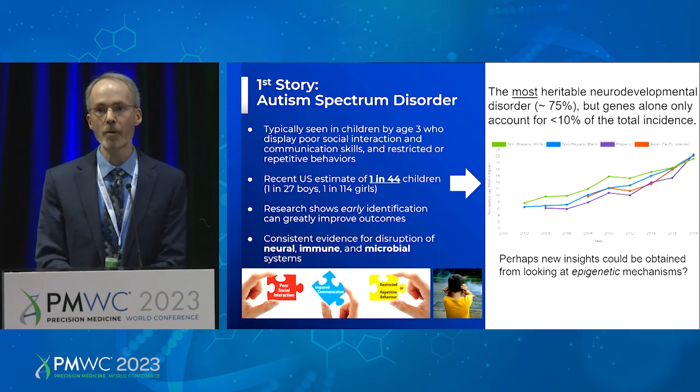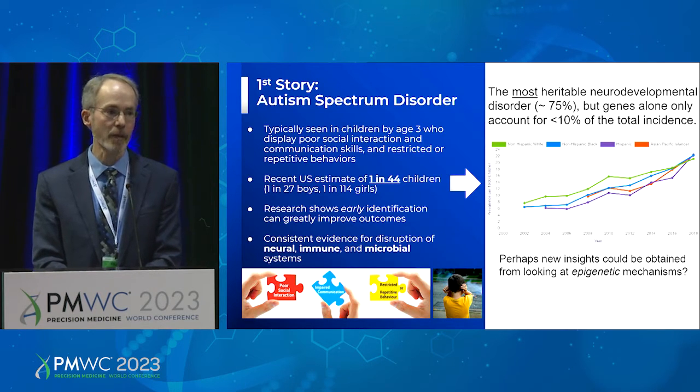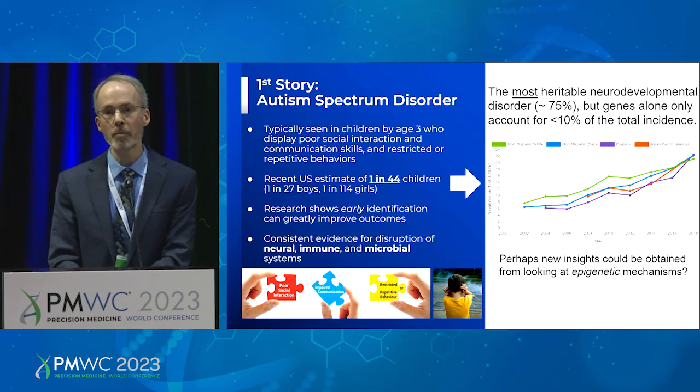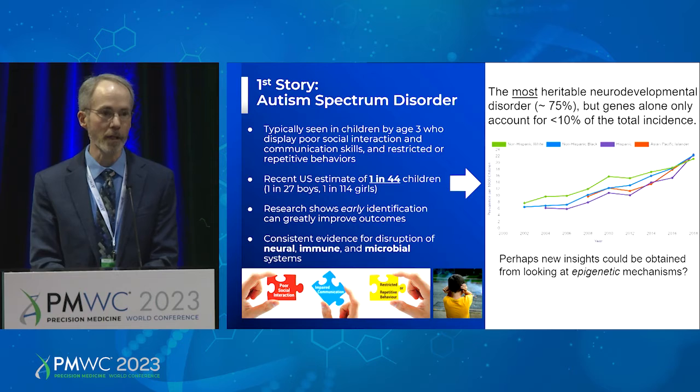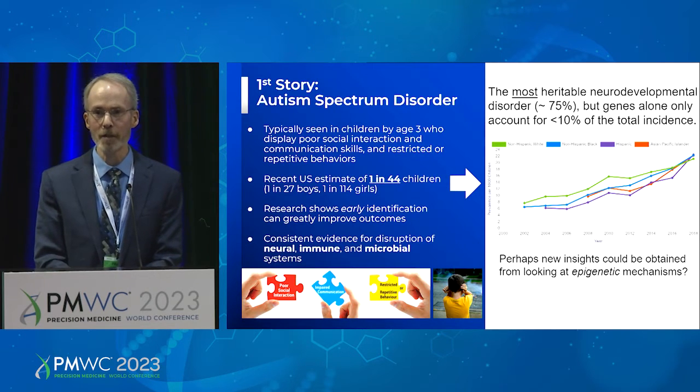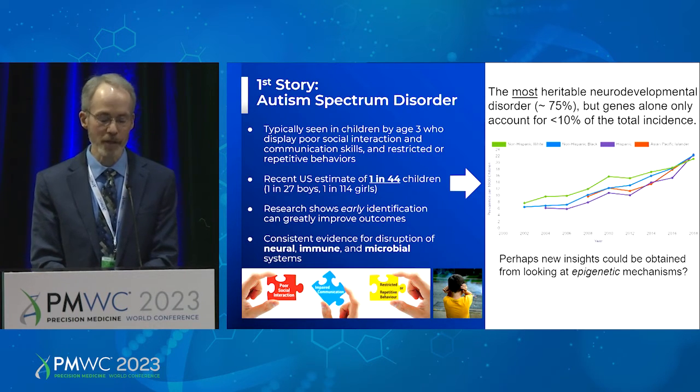You might think that we would want to study genes in saliva at the level of the DNA, but studies of autism looking for candidate genes have only uncovered clues that explain potentially 10% of the cases of autism, leaving the vast majority unexplained. So we thought perhaps we could gain new insight into potential causes or contributions to the condition of autism by looking for epigenetic factors that relate to how the genome is expressed.